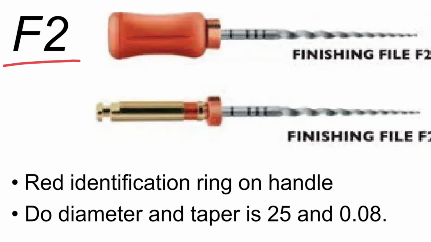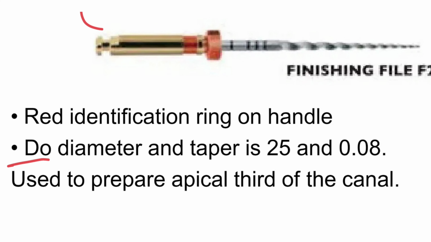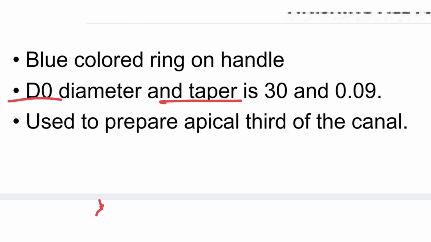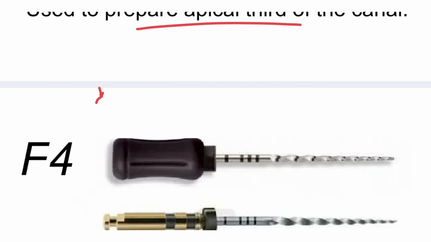Now next, moving forward to F2, that is finishing file 2, and its identification is that the handle is red in color, the D0 is 0.08 and the taper is 25. It is used to prepare the apical 1/3 of the canal. Now next, moving forward to the F3 file, the identification color is blue. The D0 diameter and the taper are 30 and 0.09. It is also used for preparing the apical 1/3 of the canal.